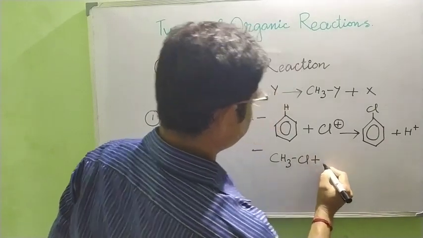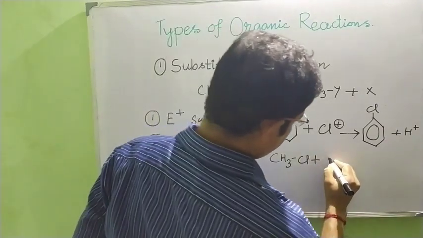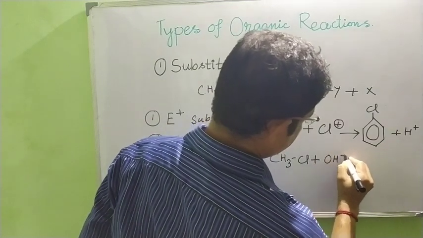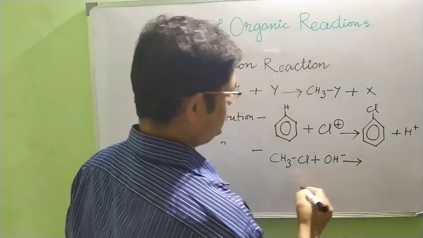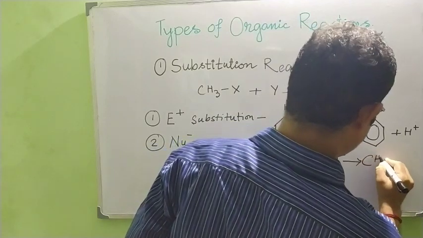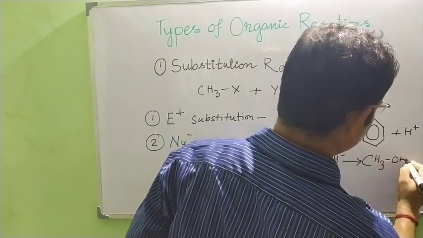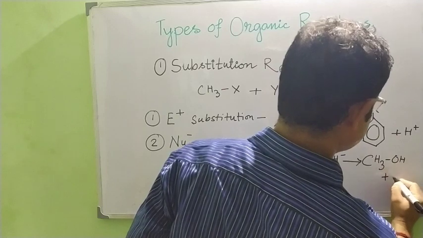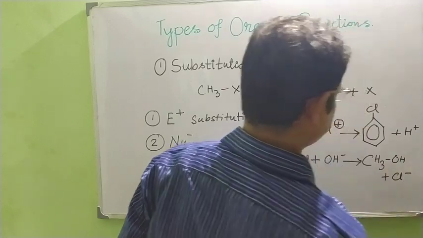Methyl chloride, OH minus, we get methyl alcohol plus Cl minus.